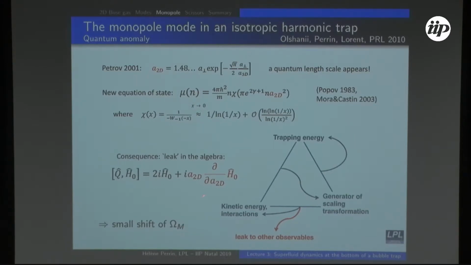So because of that, this is the intrinsic reason, and you have a shift in the equation of state, and then a shift in the monopole frequency. Now, I can take your question.